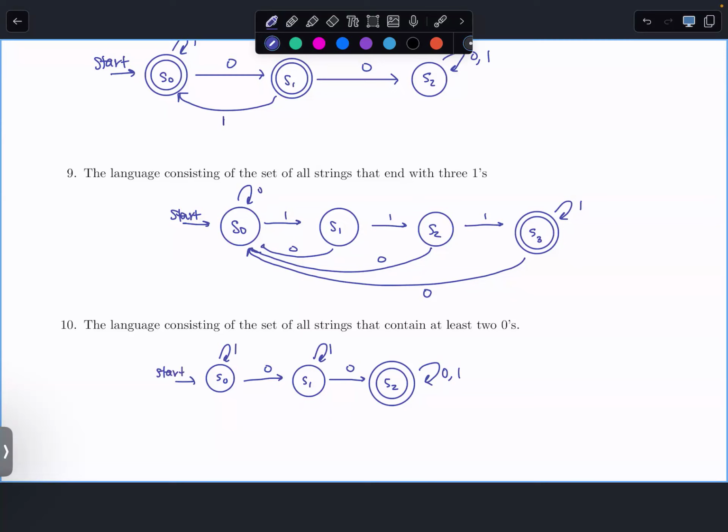Because they don't need to be consecutive zeros, I don't have to start over. If that happened, like I could do 1 0 1 0 or whatever, but 2 zeros have happened and I'm not in a final state, right? So I need my machine to accept that string and it didn't.